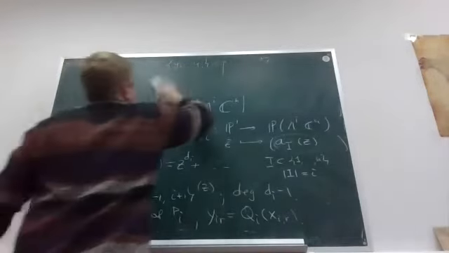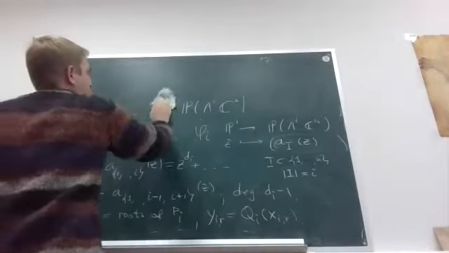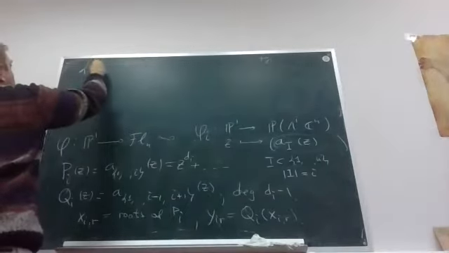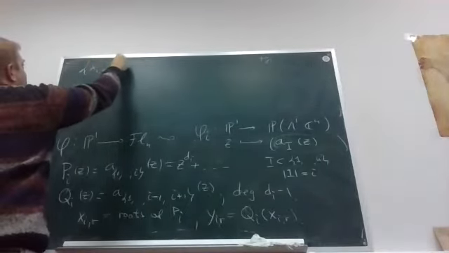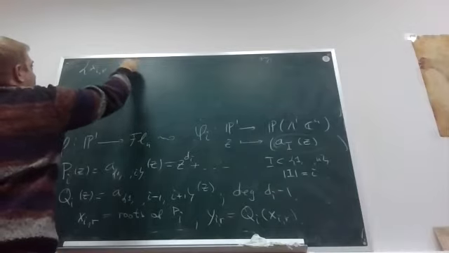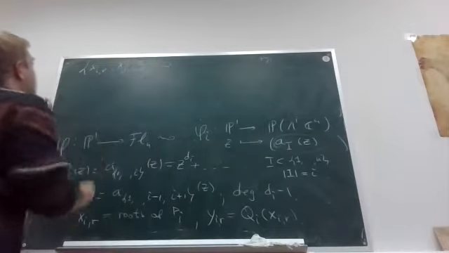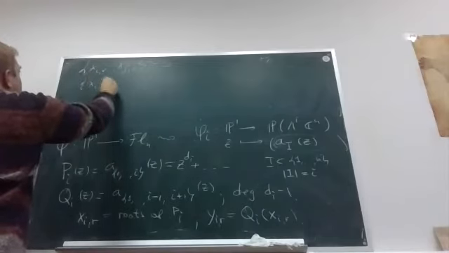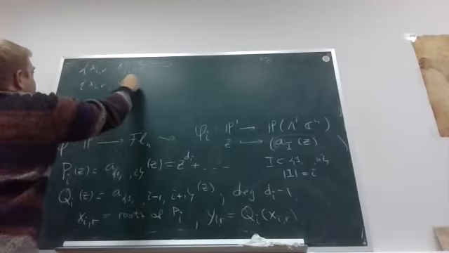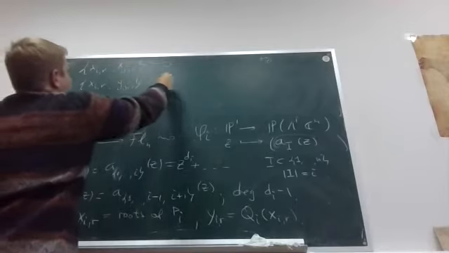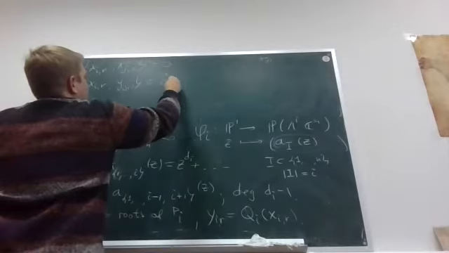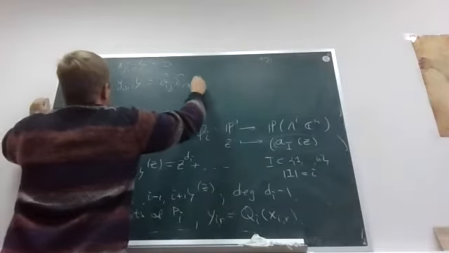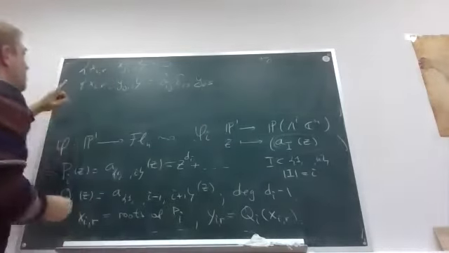Then the bracket of S_{ir} and J_s is always 0, and the bracket of X_{ir} and Y_{js} is delta_{ij} delta_{rs} Y_{js}.